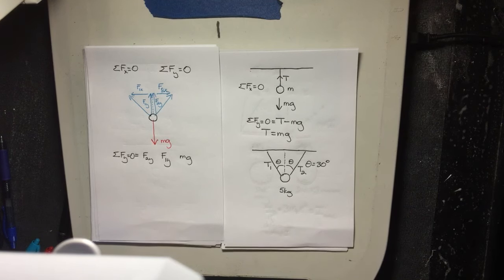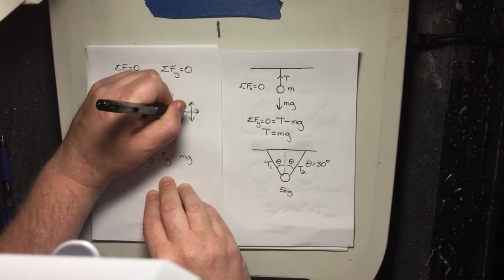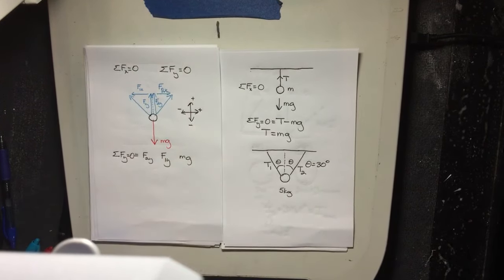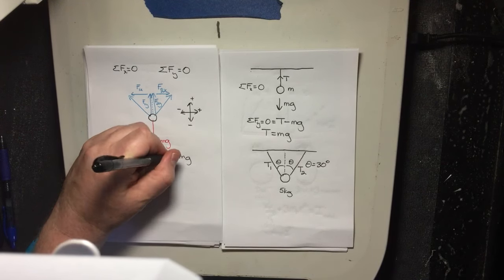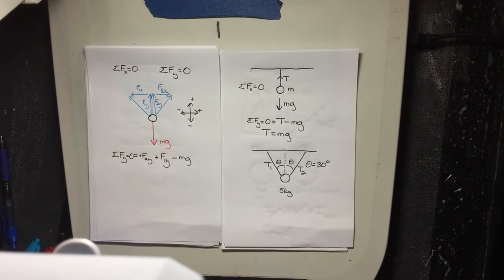I look at this and go, well, F1y and F2y are both up, so they're both positive. We have to set up our coordinate system, because it's 2D, we have to set it up sensibly. And set it up this way. So there is one force down, mg, and then there are these two.